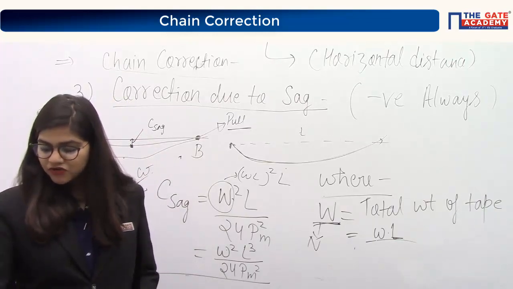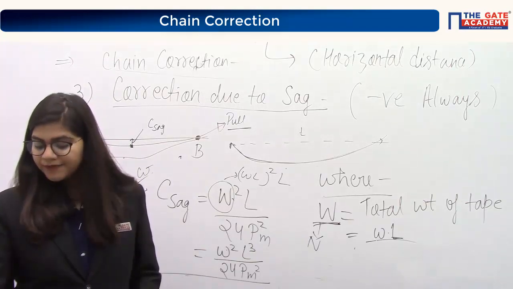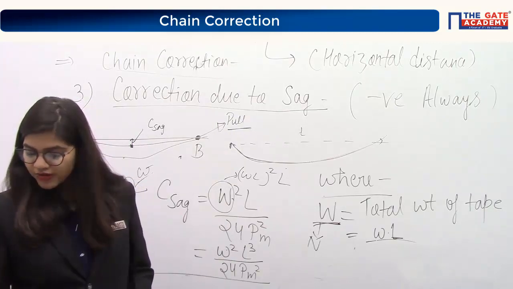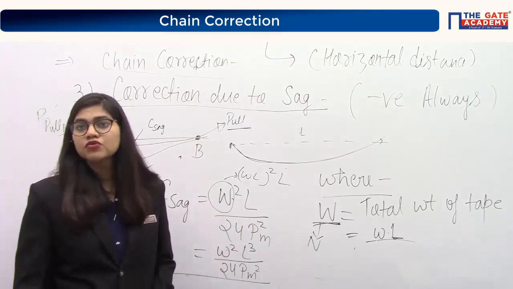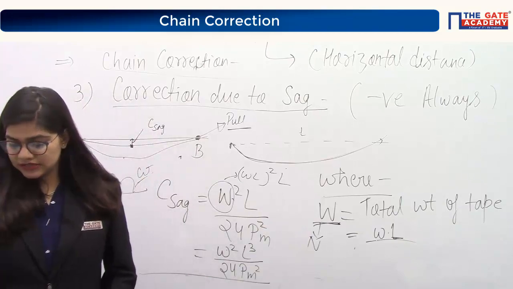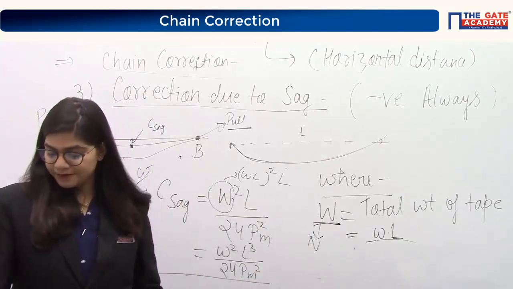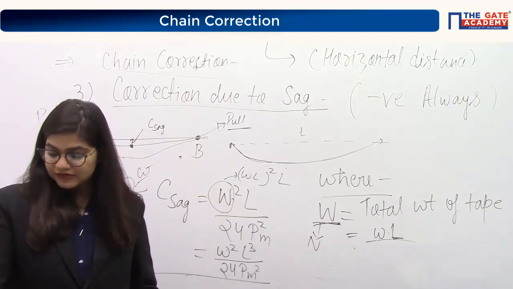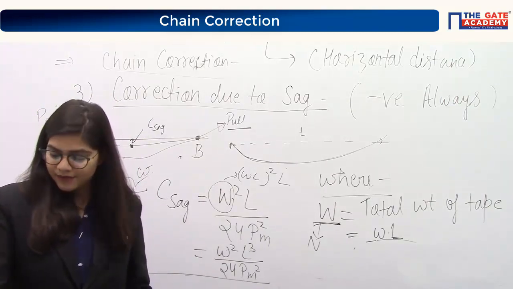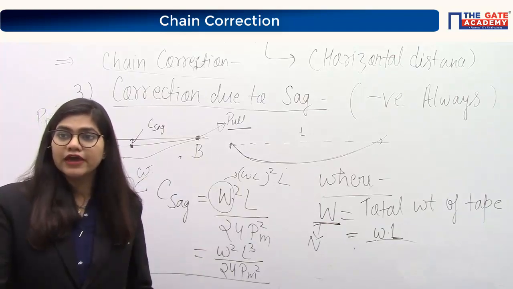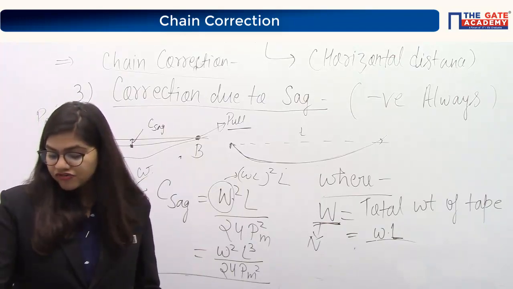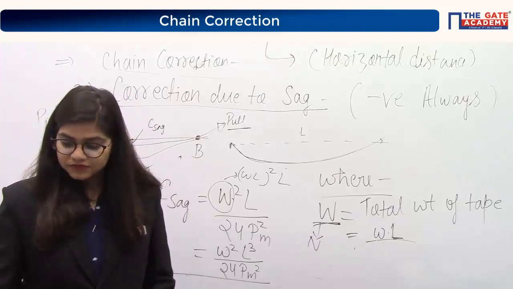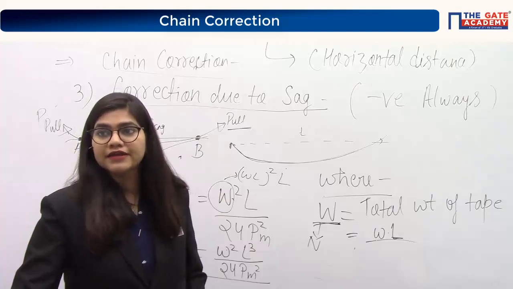The cross-sectional area of tape is 0.0675 centimeter square and E is 2 into 10 to the power 6 kg per centimeter square. The temperature while measuring was 35 degrees centigrade and standard temperature is 25 degrees centigrade. Coefficient of thermal expansion of tape is 12 into 10 to the power minus 6.